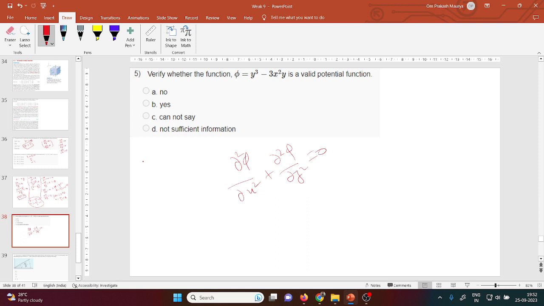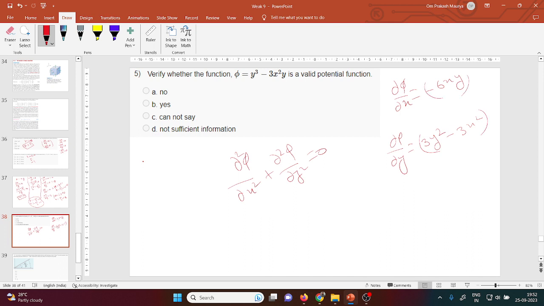So if you put it here, first you calculate ∂φ/∂x and ∂φ/∂y. Here you will get, I think, minus 6x, right? And for y, that is 3y² minus 3x².